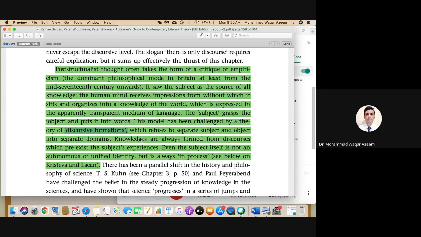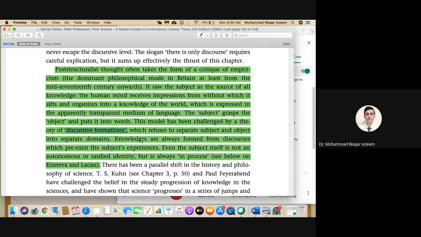So, therefore, as a speaker, you just became an agent of a pre-existing discursive formation. Thereby, all individuals or all subjects, so to say, in all of the articulations that we make, are in fact dependent upon or agents of the pre-existing discursive formations.